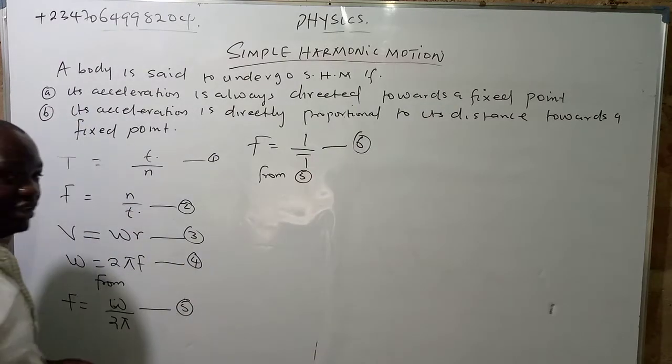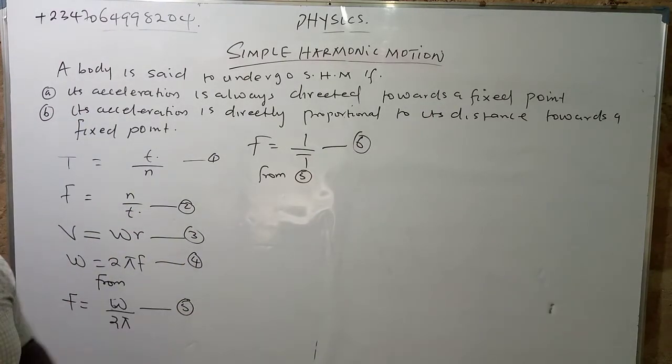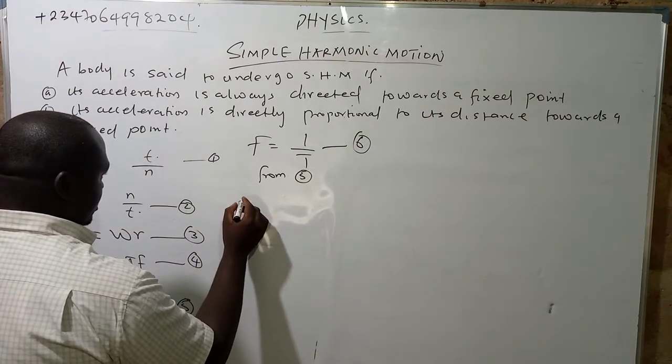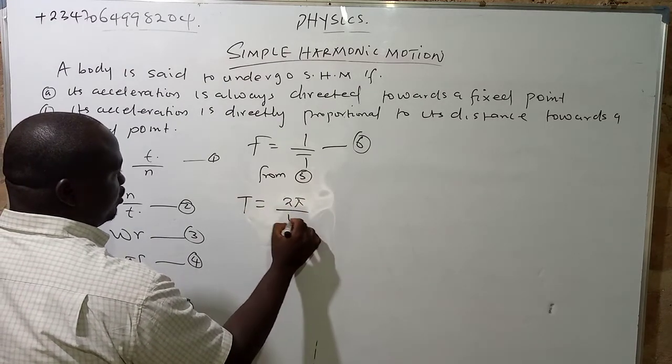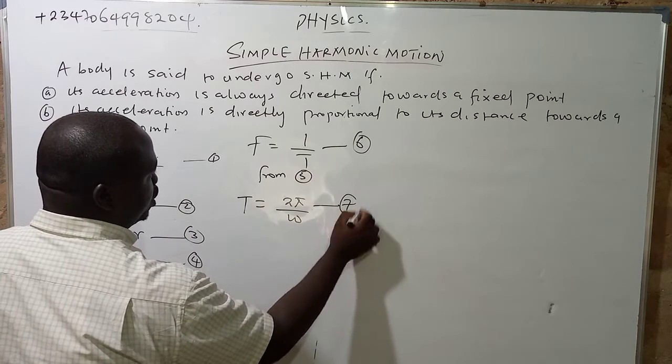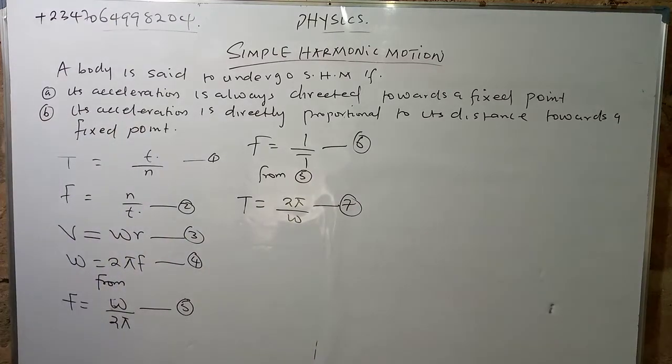From equation 6, frequency is 1 over T. That means your period is 2 pi over W, and this is equation 7.